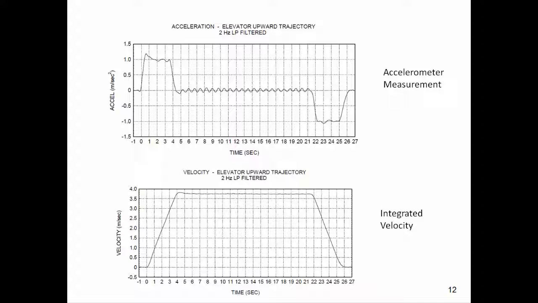This is the elevator upward trajectory, and the y-axis for the top graph is meters per second squared. The x-axis is time in seconds, and you can see at the onset the acceleration gets up to about 1 meter per second squared, and then the acceleration persists for about 4 seconds. Then during the constant velocity part of the ride, there is a little ripple effect, probably some resonance between the elevator and its different cables and springs.